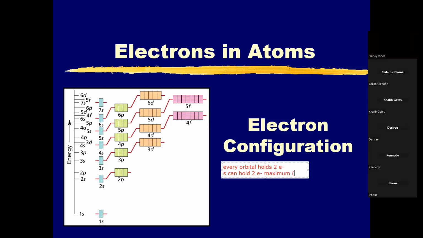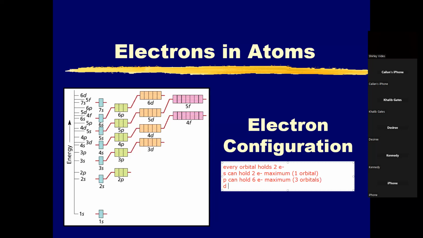So that means it has 1 orbital only. P's can hold 6 electrons maximum, which means that we have 3 orbitals.